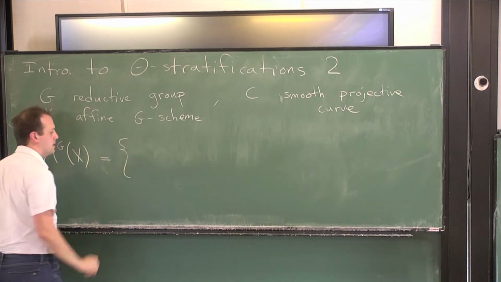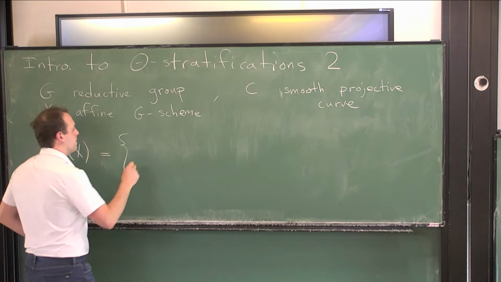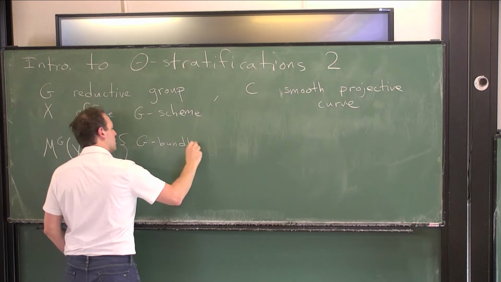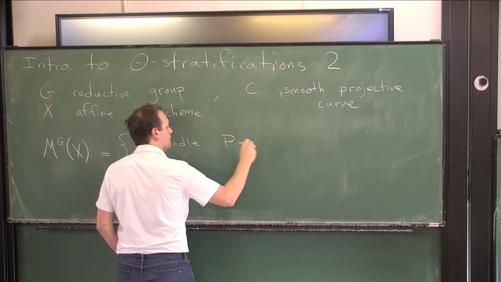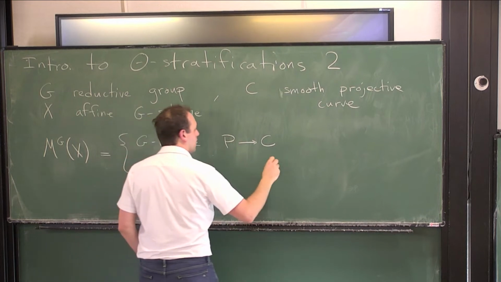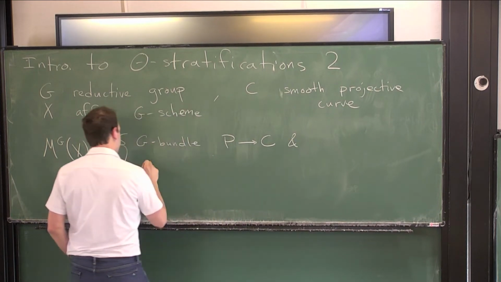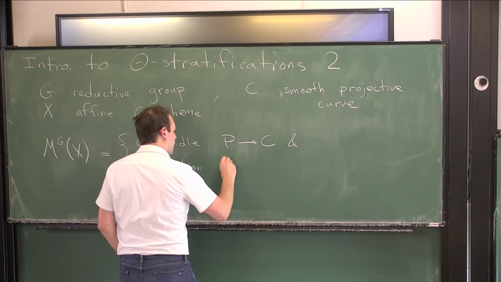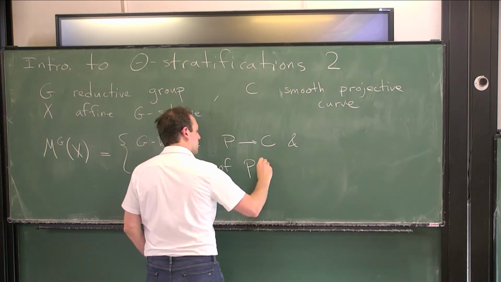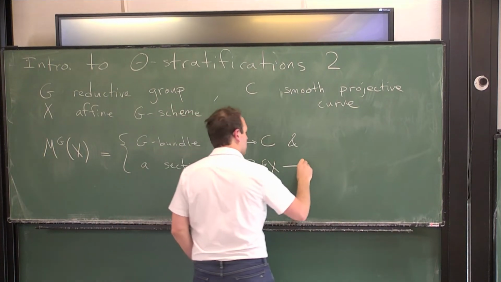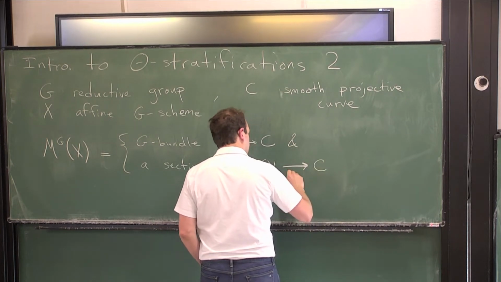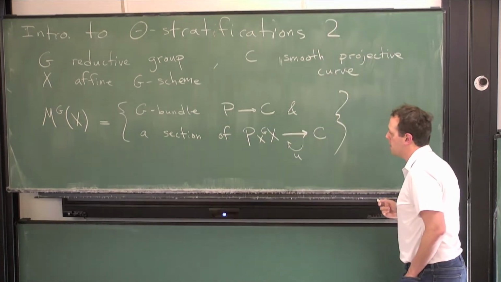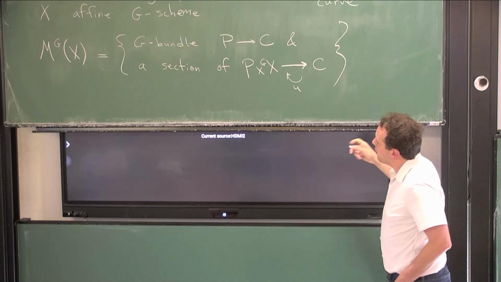This moduli problem is the algebraic stack that classifies G-bundles P over C, plus a section of the associated fiber bundle. I wasn't so clear: you can just think of this as a map from the curve to the quotient stack X mod G.